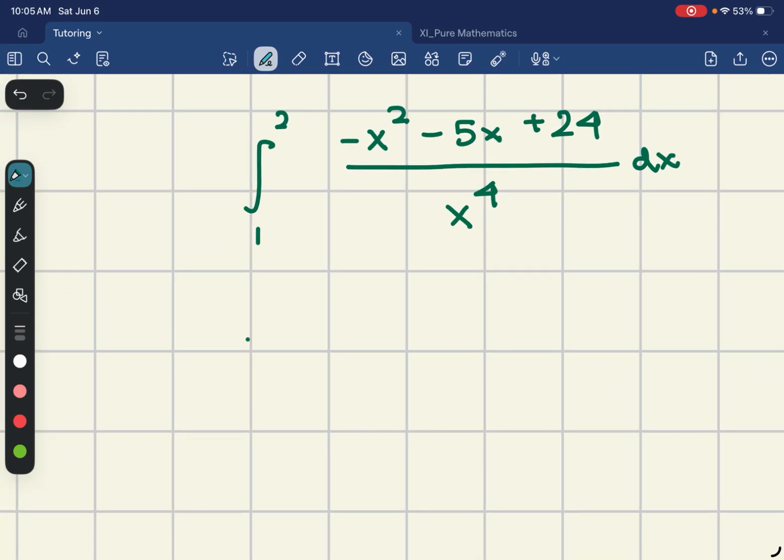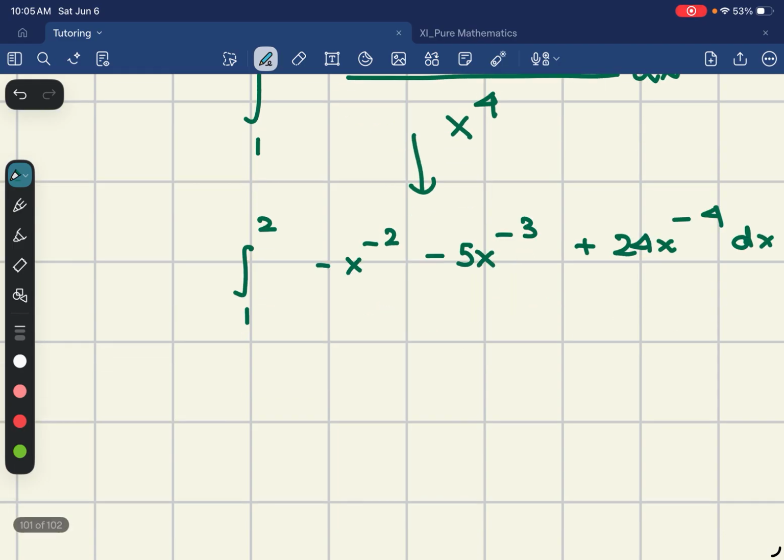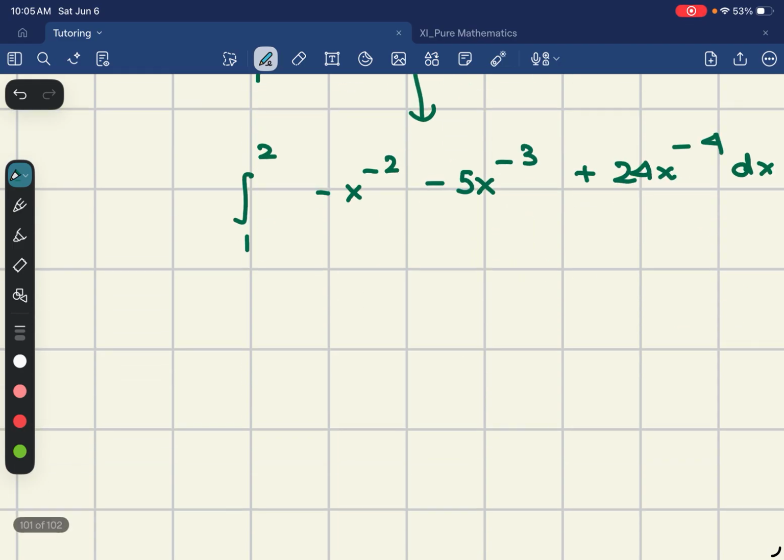And you can write it as negative x to the power negative 2 minus 5x to the power negative 3 plus 24x to the power negative 4 dx. So I'm going to leave you to figure out how I got to this point, but it's pretty straightforward. And now I can integrate it, because we have done so many questions like these.